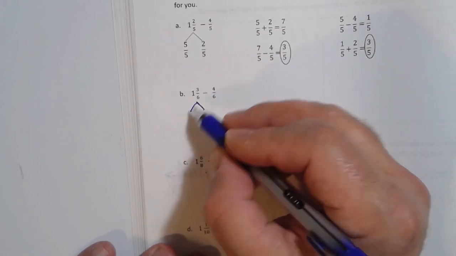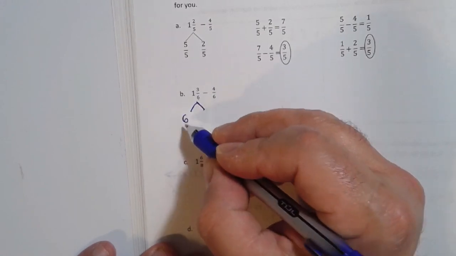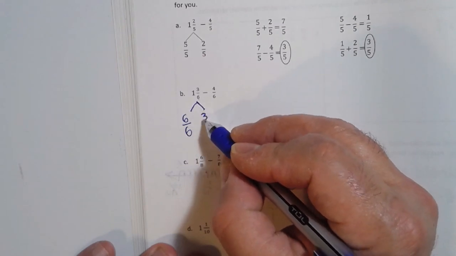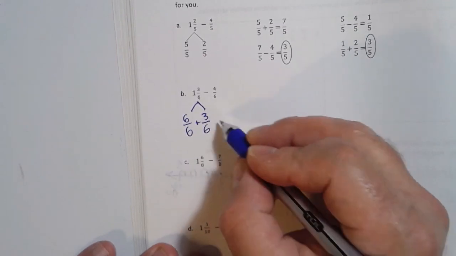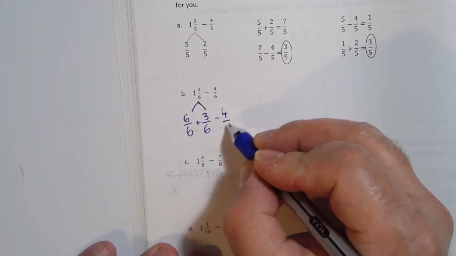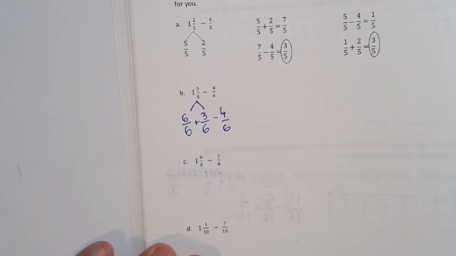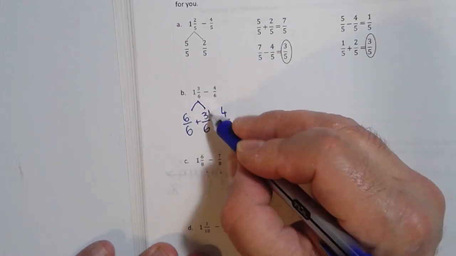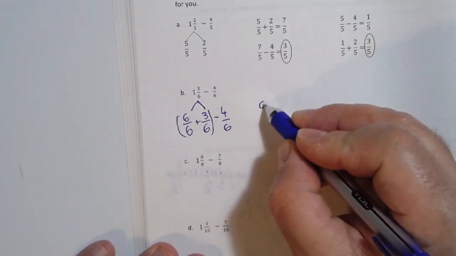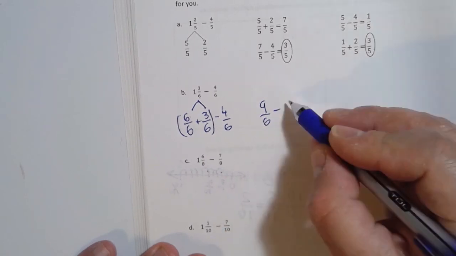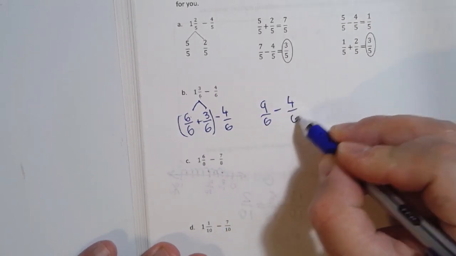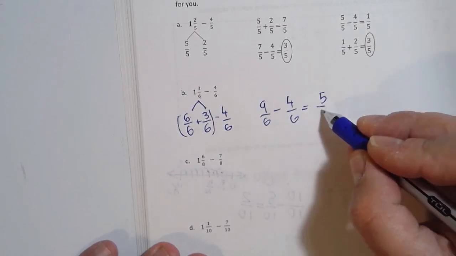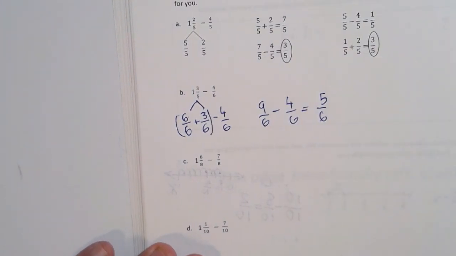Let's break this apart. 6 is our denominator, so our whole is 6/6 plus 3/6 minus 4/6. Let's rewrite that again. Let's make that 3 plus 6. We'll turn that into 9/6, the improper fraction, minus 4/6. And what's 9 minus 4? It is 5/6. Very simple, right?